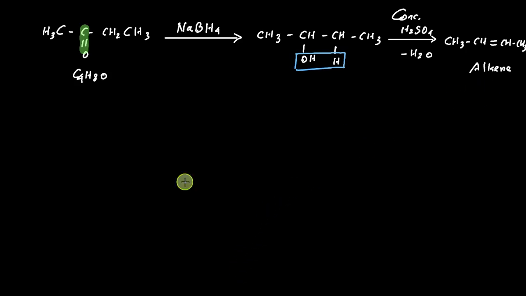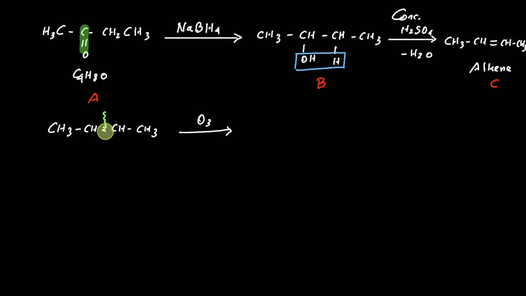So let me write, this is our compound A, this is our compound B, this is our compound C. This compound C, CH3, CH double bond CH, CH3, on treatment with ozone, let me tell you a tip for this.